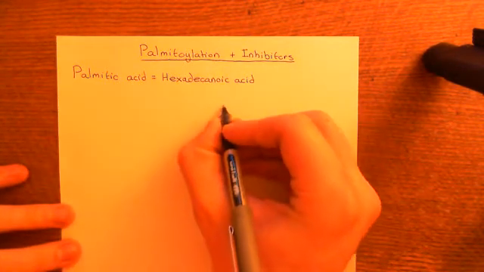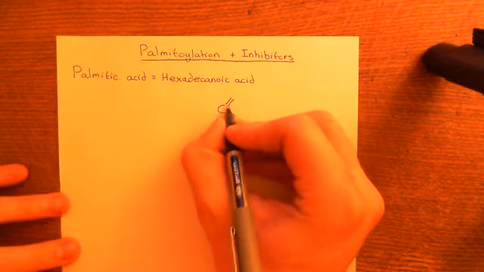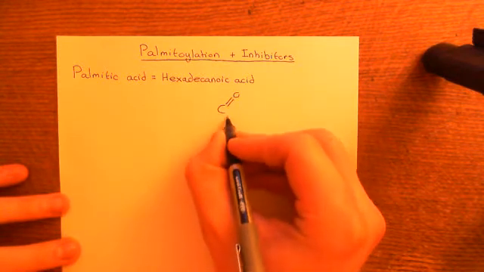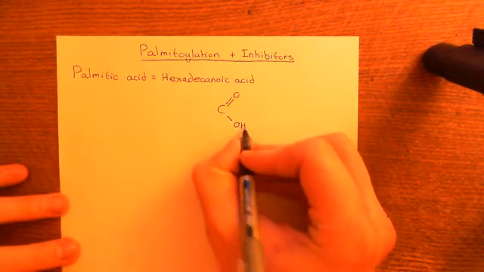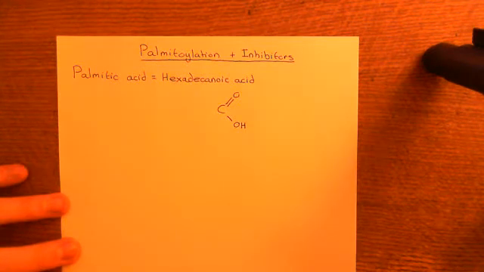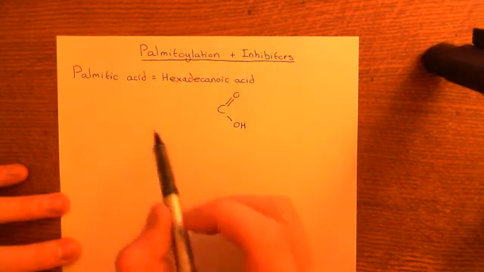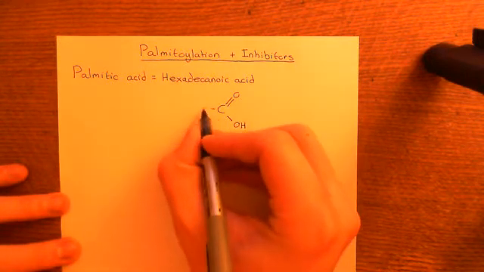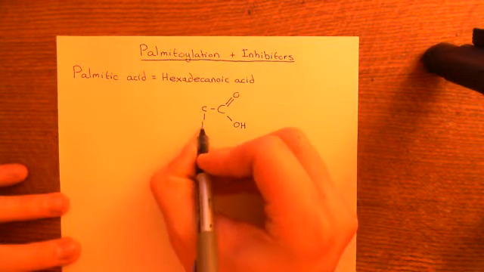So let's draw out a structure for this. Let's start by drawing out the carboxylic acid group. So here it is. Now we need 16 carbon atoms. We've got one already, so the other 15 are going to have to follow. We're going to have 14 methylene groups in the middle.